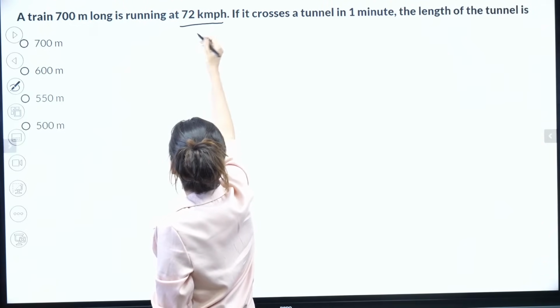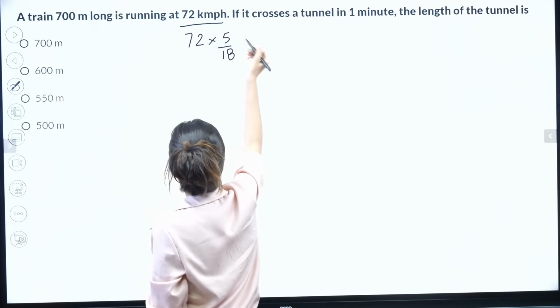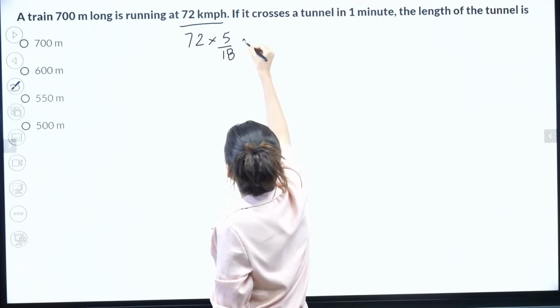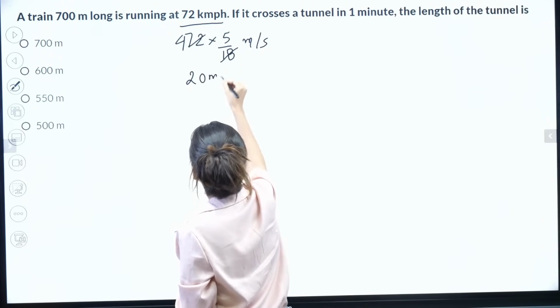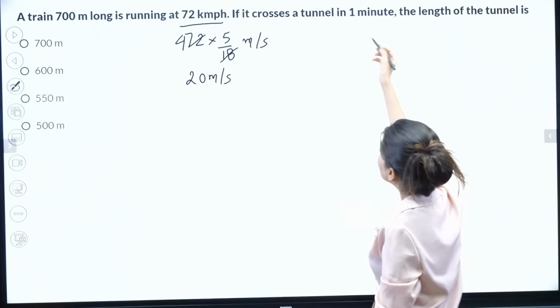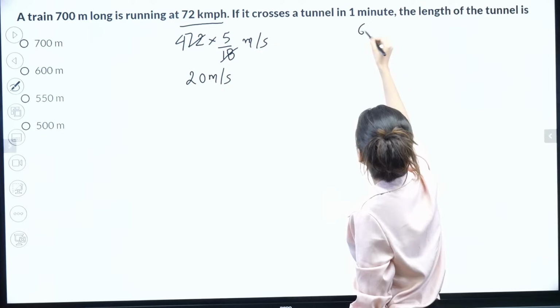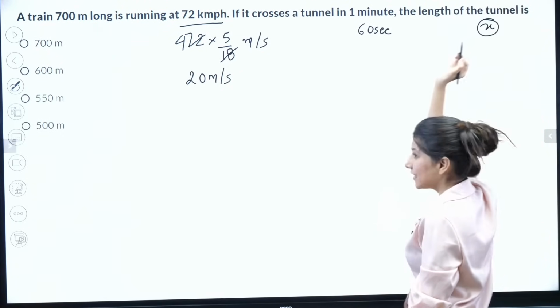72 km per hour, 72 into 5 upon 18 is how we convert the units. So this is meter per second, which is 20. So 20 meter per second is the speed of the train, and it crosses the tunnel in 1 minute, that is 60 seconds. Let us assume the length of the tunnel is x.